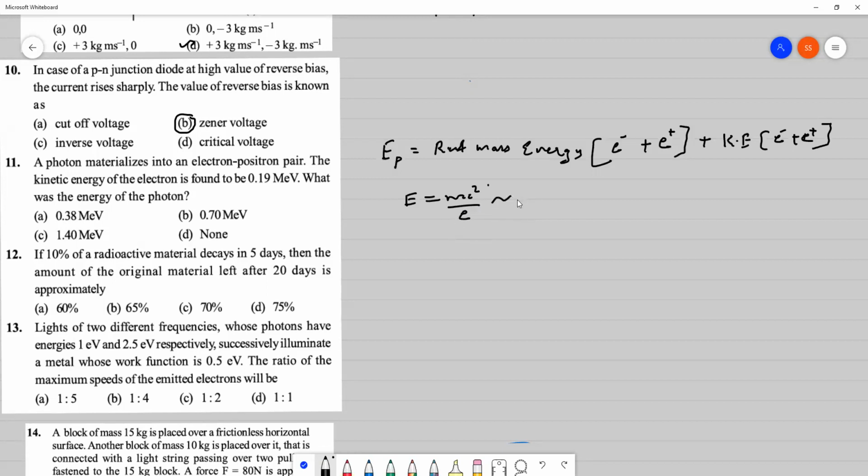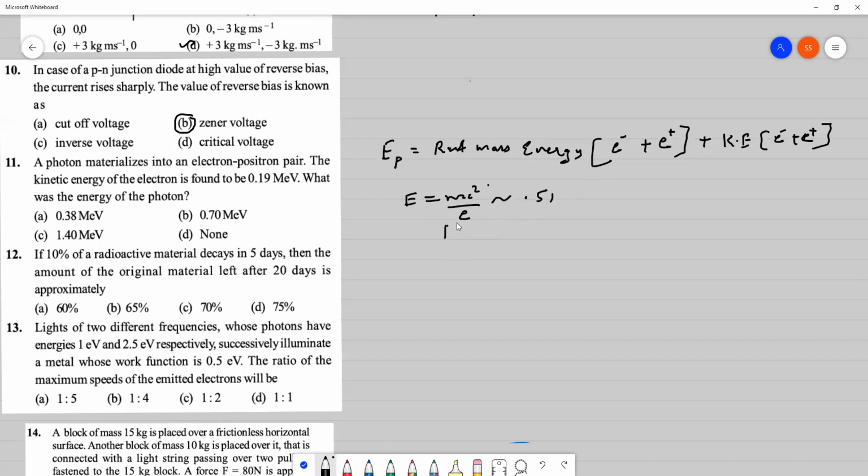The mass of the electron is 9.11 into 10 power minus 31, and c is 3 into 10 power 8. When you do all these calculations, you get approximately 0.51.